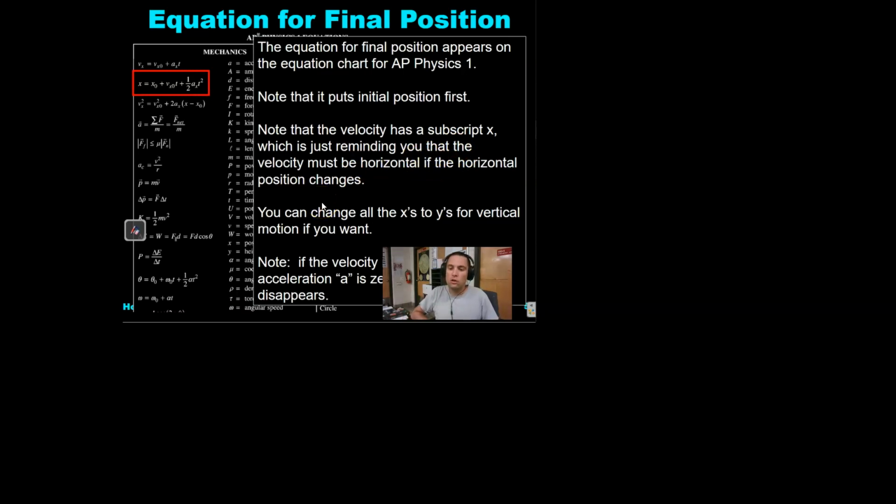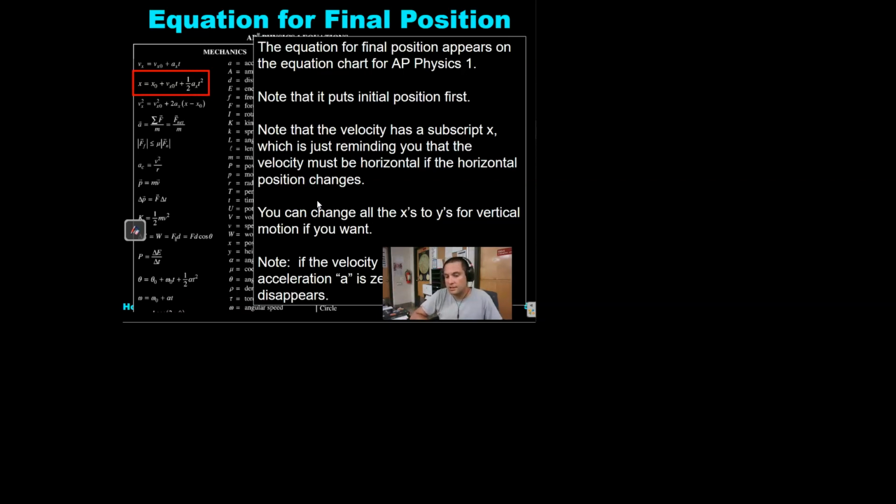You can change all of the x's to y's for vertical motion if you want. If you are dealing with one-dimensional motion like this, where it's up and down, then yes, it makes sense to change them to y's. And that comes back into the diagonal motion, where you're going to have vertical motion and horizontal motion happening at the same time. So it's useful for organizational purposes to keep your x's and y's separate.